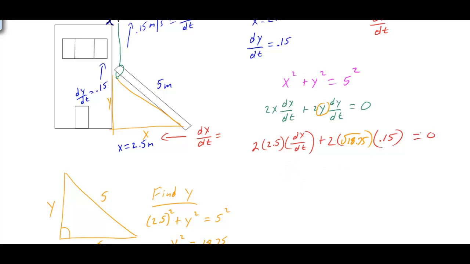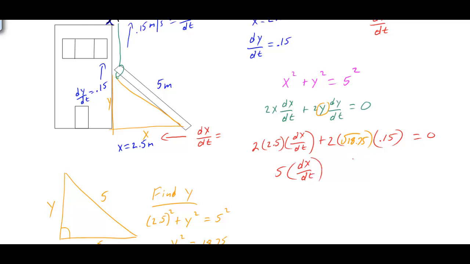This is all still equal to 0. So if you solve all this for dx/dt, we would have 2 times 2.5. And if you take 2 times 2.5, you're going to end up with 5 times dx/dt.